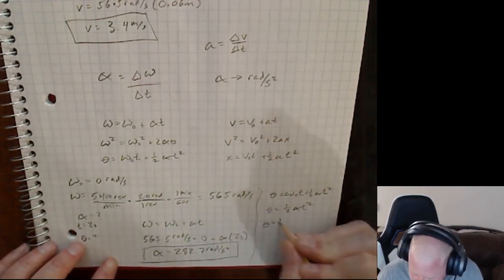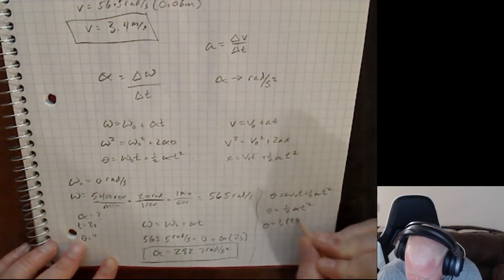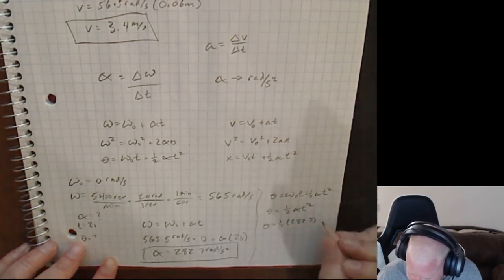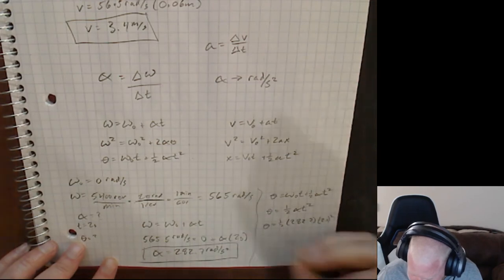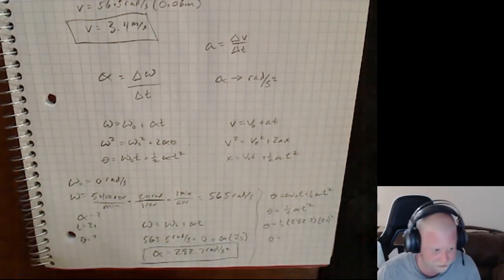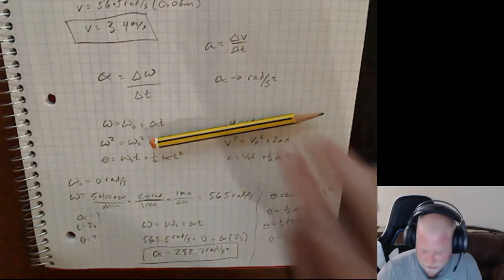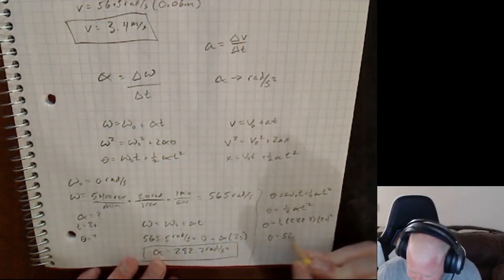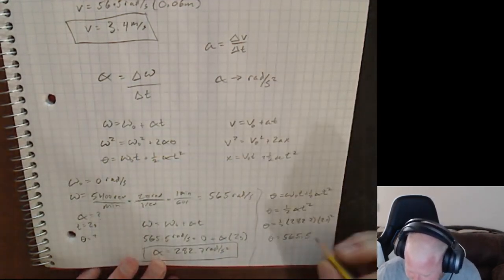So theta equals 1/2 of 282.7 times 2 seconds squared. So theta comes out to 565.5 radians.